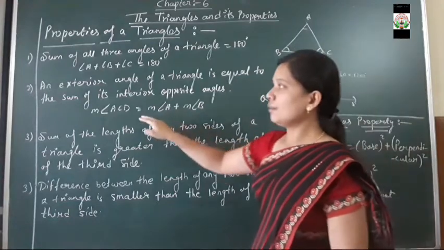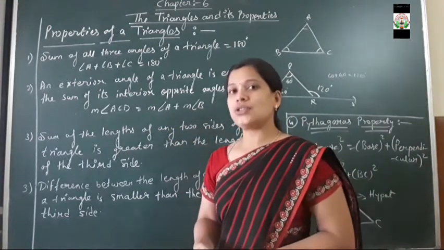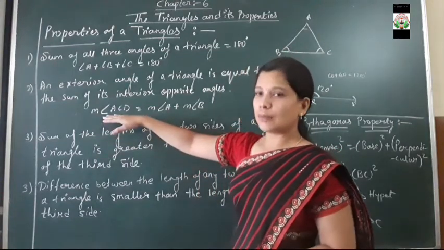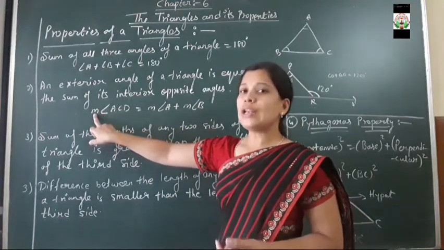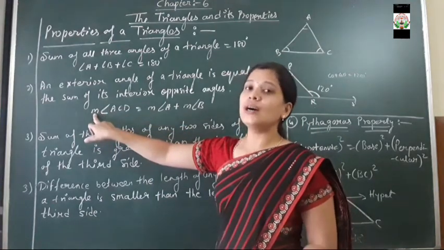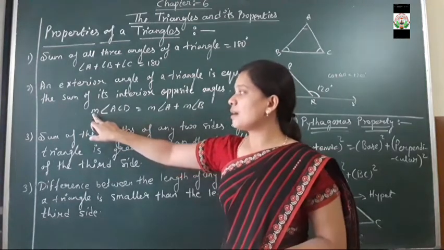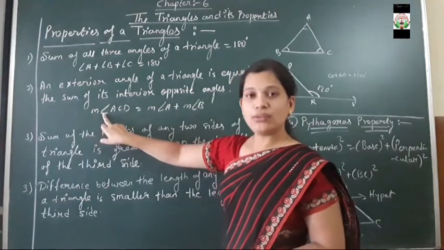Now the mathematical representation of the property in the form of an equation. Here, dear students, small letter m always denotes the measurement. We read this statement as m, that means measure of, and this is the angle notation.